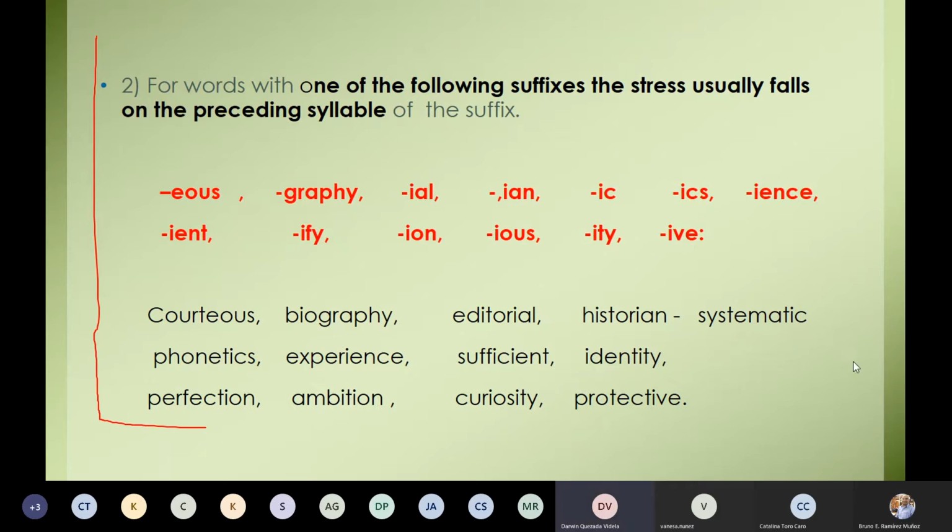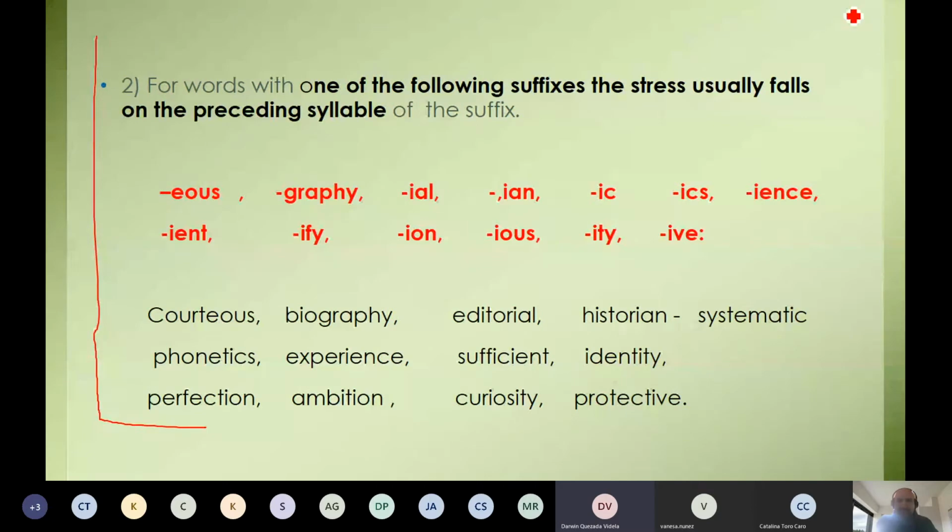Okay. Well, number 2. For words with one of the following suffixes, the stress usually falls on the preceding syllable of the suffix.